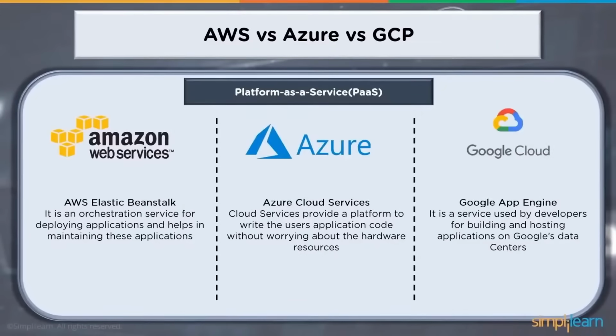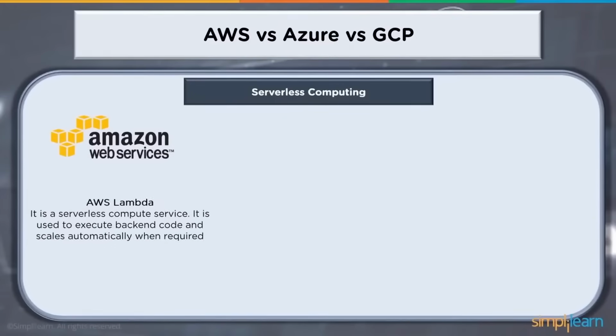Google App Engine is a service used by developers for building and hosting applications on Google's data centers. When we talk about serverless computing, Amazon's AWS Lambda is a serverless compute service. It is used to execute backend code and scales automatically when required.